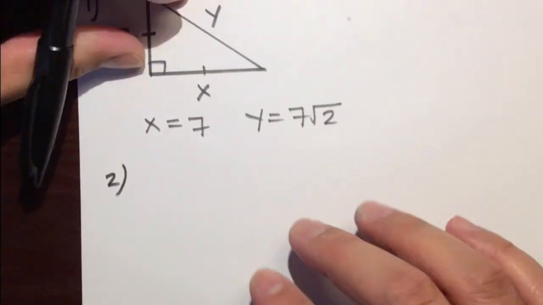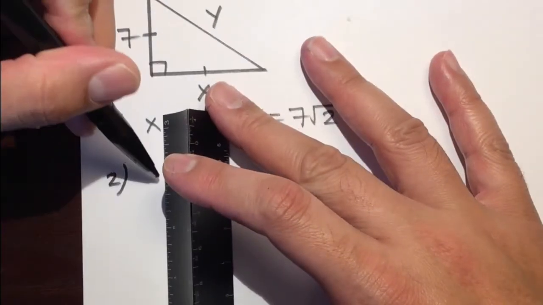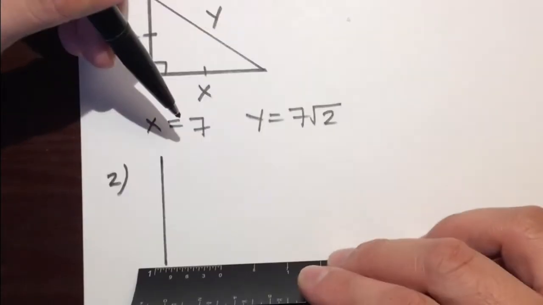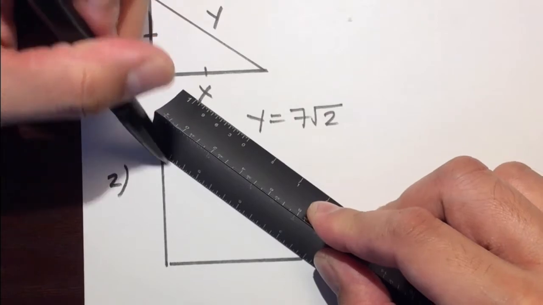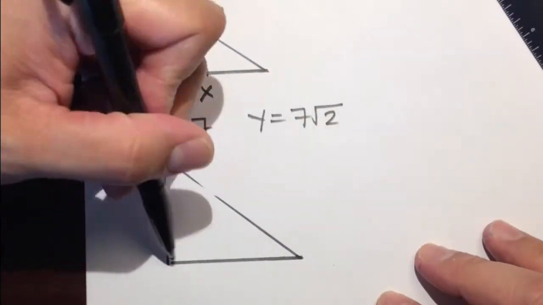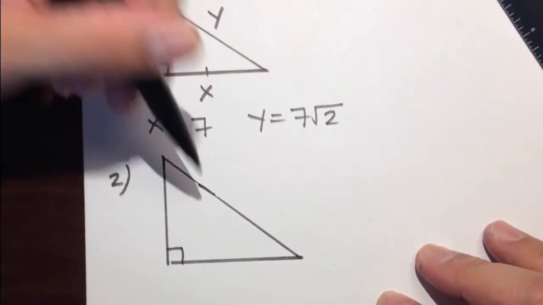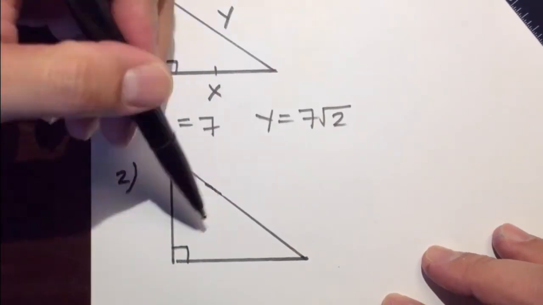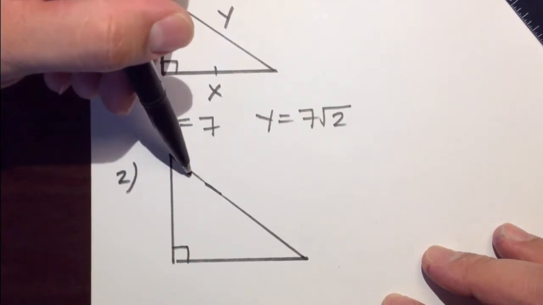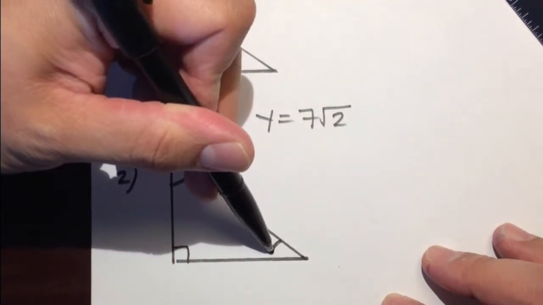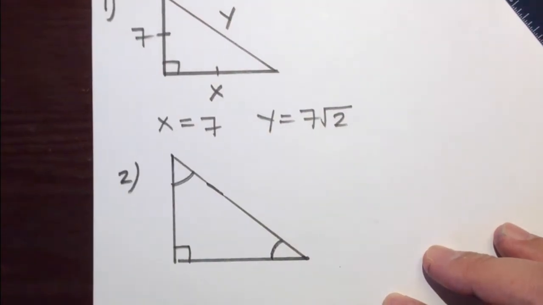All right, here's number 2. Draw a triangle. Okay, and let's make it a right triangle. And another way to show that it's isosceles is that isosceles triangles have base angles. So let's put here that this side is congruent to this side.